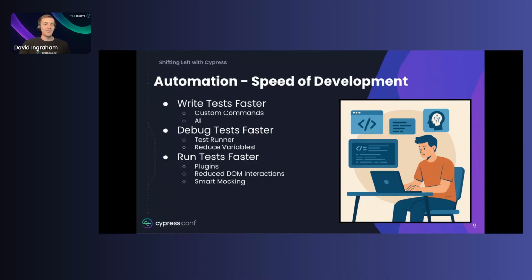And then finally for us, running tests faster, we've used a lot of amazing community plugins that some other people have actually also mentioned in their talks, which is cool to see. So for us, this allows us to parallelize our tests, speed up how fast our tests are actually executing in terms of pre-processing.